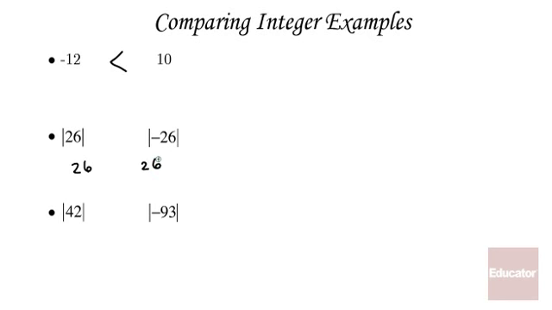So in comparing these values, we find that they are equal. The absolute value of 42 is 42, and the absolute value of negative 93 is 93. So in this case, the absolute value of negative 93 is in fact larger than the absolute value of 42.